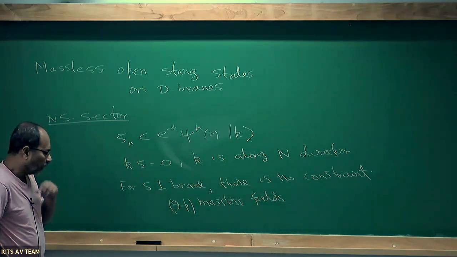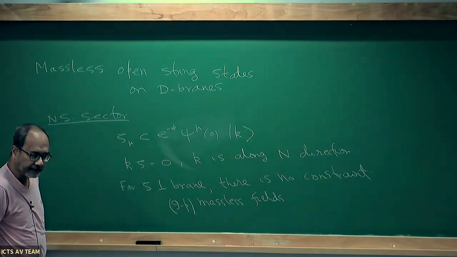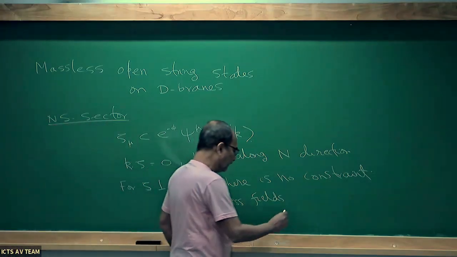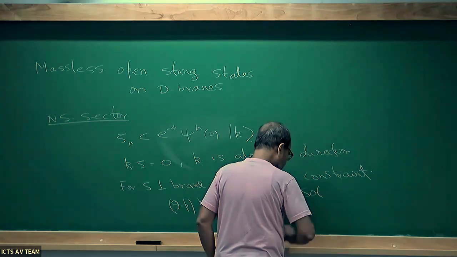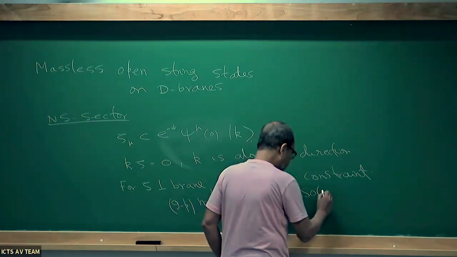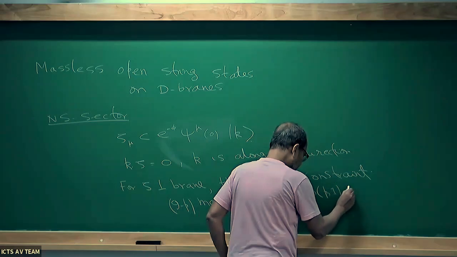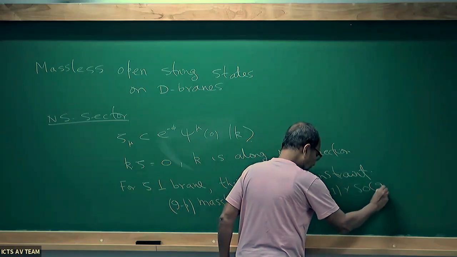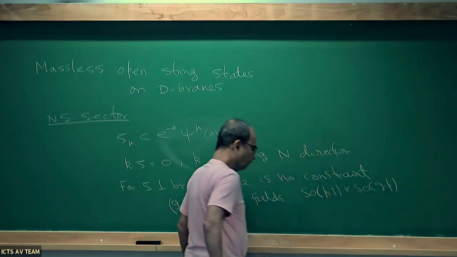And one can also see what representation they belong to. So let's recall that the symmetry group, the original Lorentz symmetry group becomes SO(p,1) times SO(9 minus p). Okay.